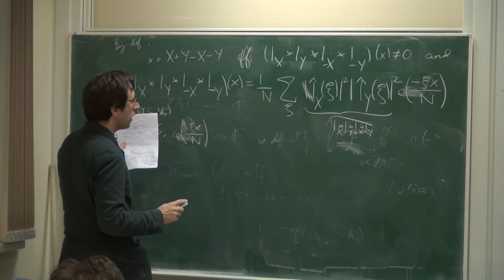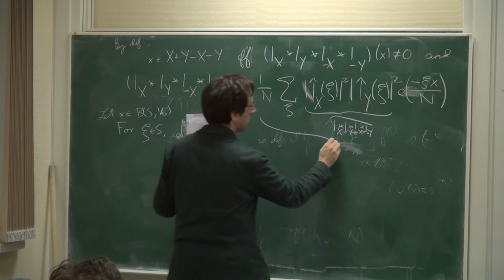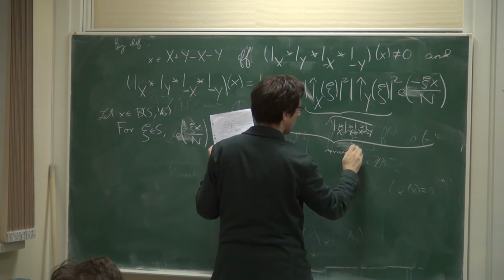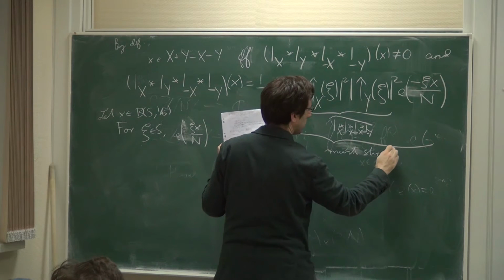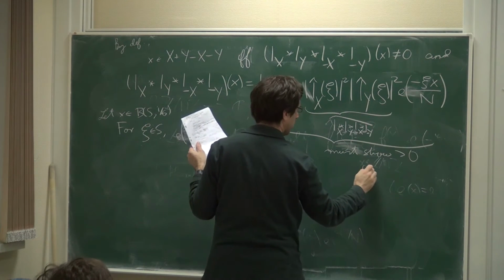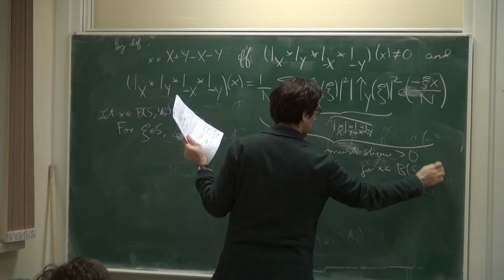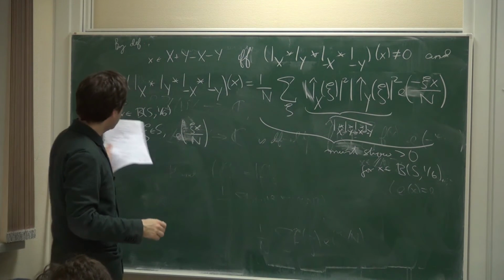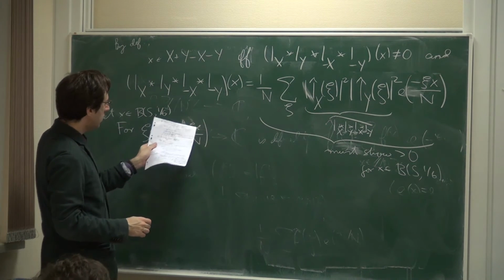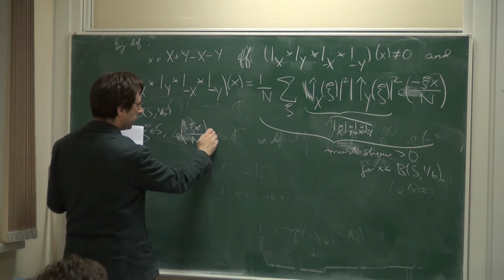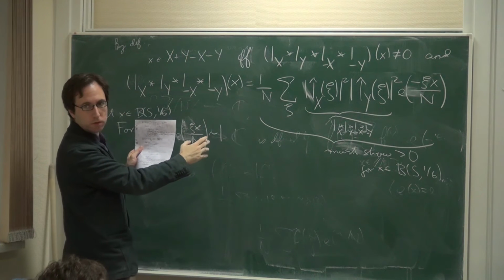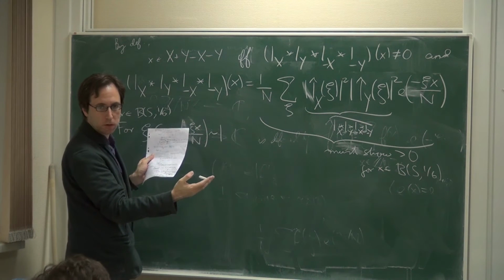So our task is we must show this is positive for x in the Bohr set, for every x in the Bohr set. Now, when x is in the Bohr set, for psi in S, by definition, this is going to be about 1, as I was saying. That's what a Bohr set is good for.